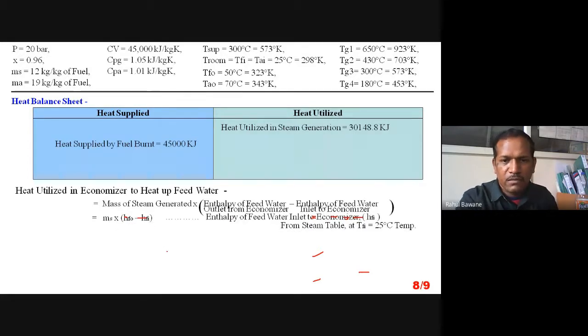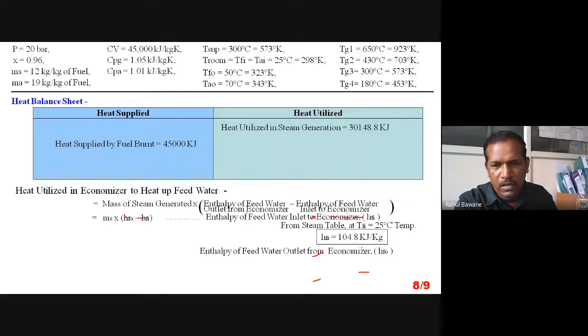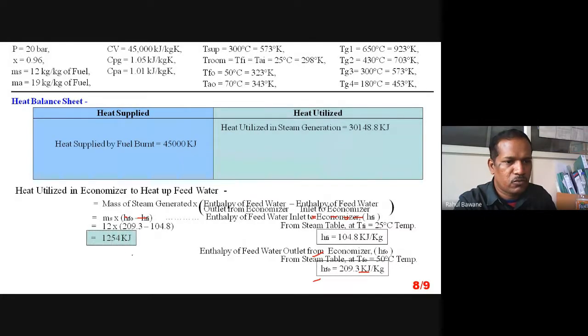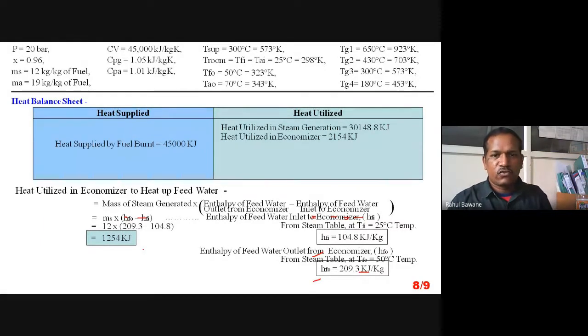So from the steam table itself, referring to inlet temperature to economizer 25 degrees centigrade, HFI is 104.8, and referring to outlet temperature of water from economizer, HFO is 209. Put the values. So we come to know 1254 is the amount of heat utilized in economizer.